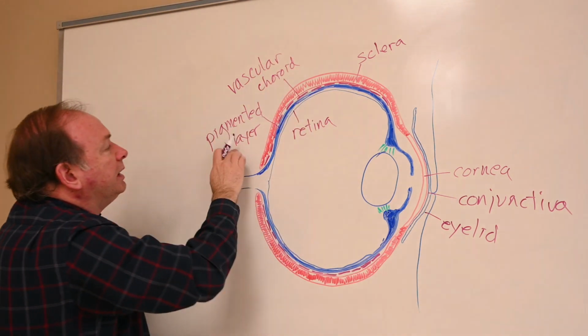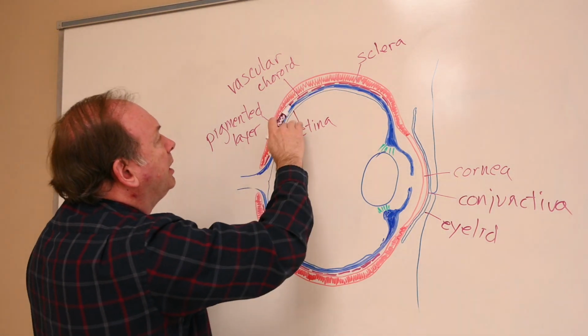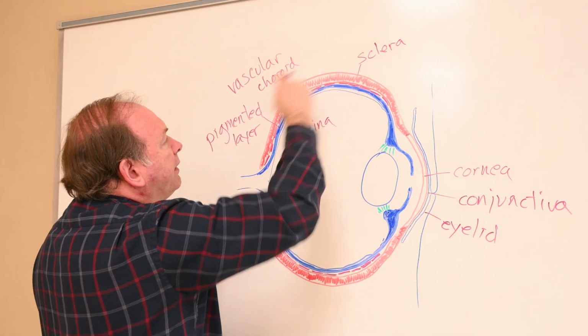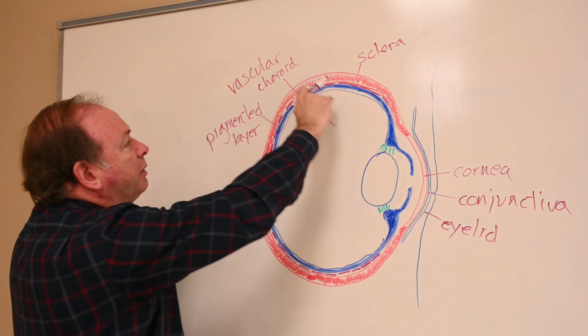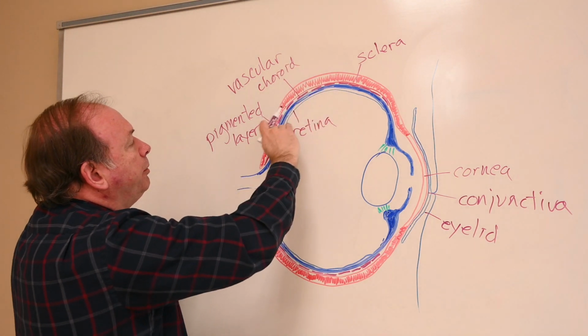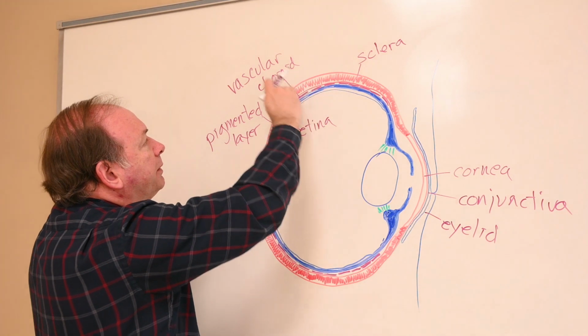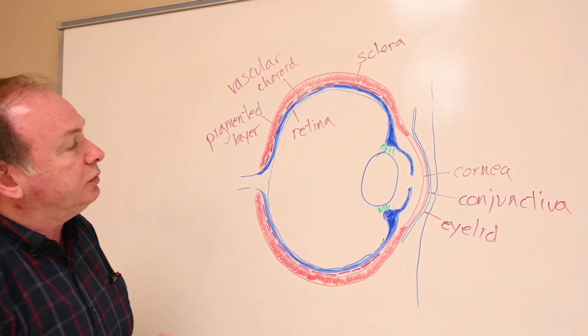By the way, that pigmented layer is also known as a pigmented choroid or pigmented layer of the optic cup. And then we've already labeled the sclera, the very outside layer. So we see all of our layers at the back of the eye: retina, then the pigmented layer of the original optic cup, then the vascular layer, what we call vascular choroid, and then the sclera layer, that's connective tissue.